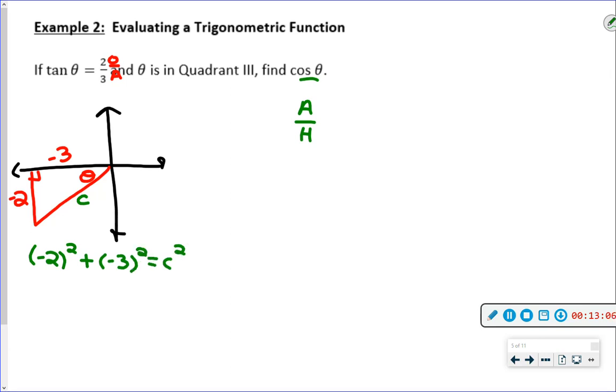So I'm going to have 4 plus 9, we got it. And we're going to root it. Okay, so adjacent -3, hypotenuse root 13, and I'm just going to rationalize for a final answer.